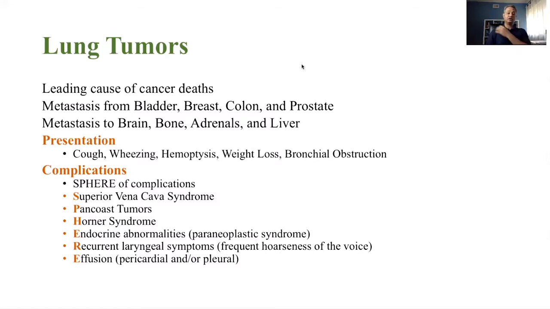Pancoast tumors are the tumors that appear at the apex. Most of the time, small cell carcinomas can appear as Pancoast tumors. Depending upon their size and location, they can compress structures there, for example the brachiocephalic vein, the brachial plexus, or the laryngeal nerves. Depending upon what structures they are pressing, there will be a syndrome associated with that.